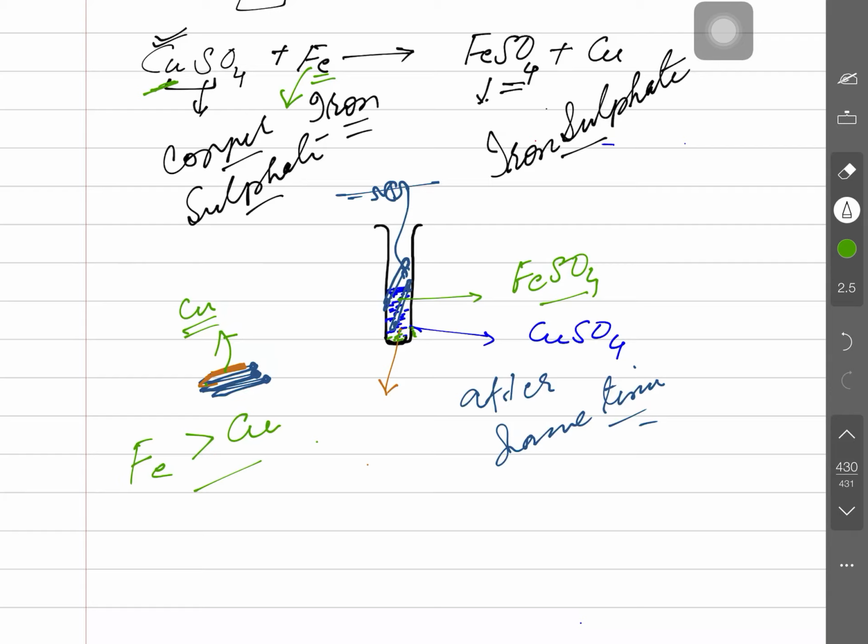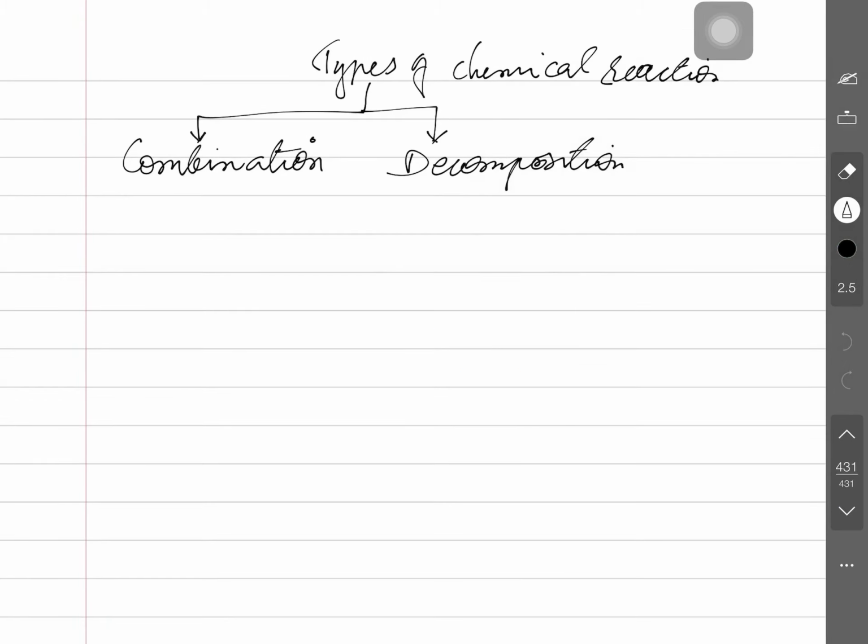If an element is not more reactive than the other substance, then how can it displace it? So this type of reaction is said to be a displacement reaction. It's called a displacement reaction.